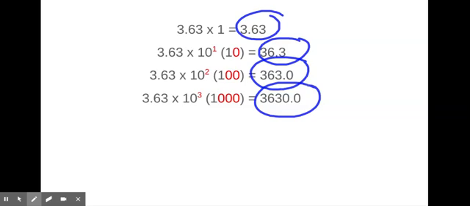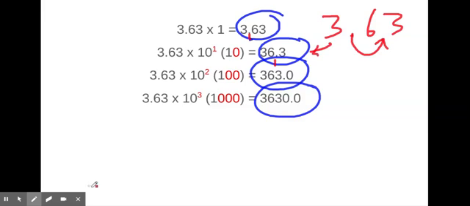You may have noticed that with each answer, the decimal point looks like it's moving. From here, it looks like the decimal point just moved one place to the right, going from 3.63, and the decimal point just moved one place to give us this.